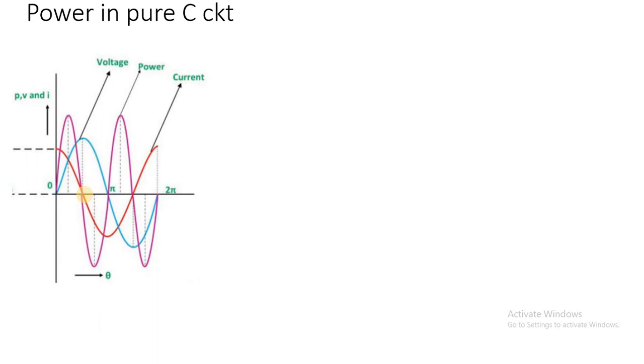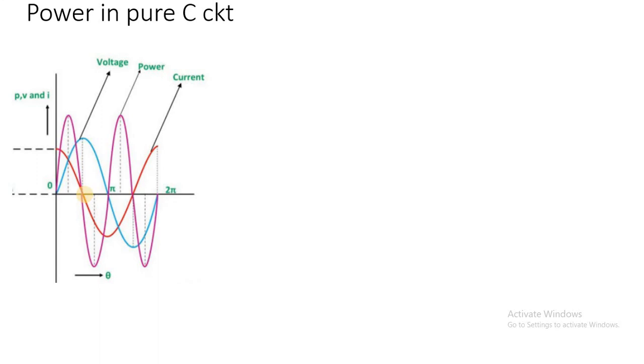So both voltage and current waveforms are positive, their instantaneous values are positive. So the power, which is the product of voltage and current, is positive into positive, so we are going to have a positive product. So the power curve in the 0 to pi by 2 period is positive.